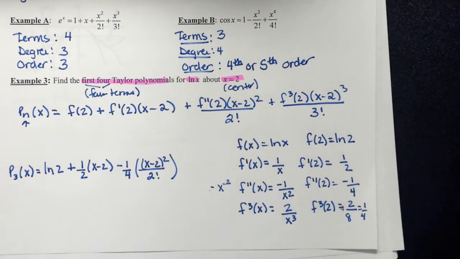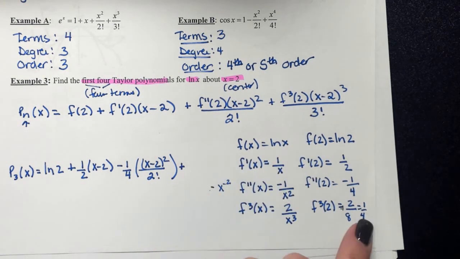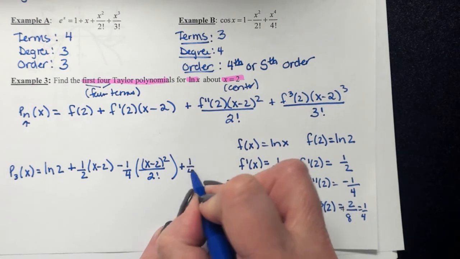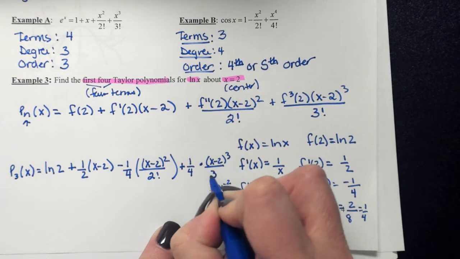You do not need to multiply, and in fact, I'm going to encourage you, do not multiply out the factorials. All right? And multiply those denominators together, because if you make a mistake, you're going to lose points. Whereas if you leave it alone, you'll be fine. Plus, and then the third derivative at 2 we found to be 1/4, so that's going to be 1/4 times x minus 2 to the third all over 3 factorial.